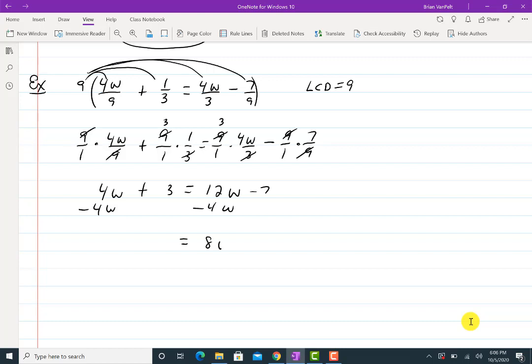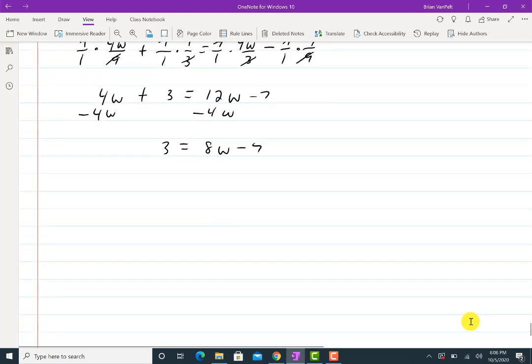That gives me 8w minus 7 on the right and a 3 on the left. So I will add 7 to both sides. So I get 10 equals 8w. I will divide both sides by 8. And notice that 2 goes into both 4 and 10.